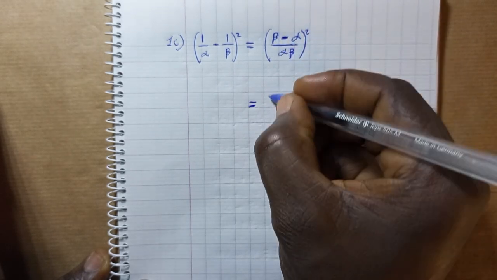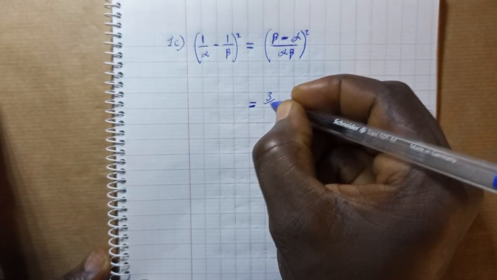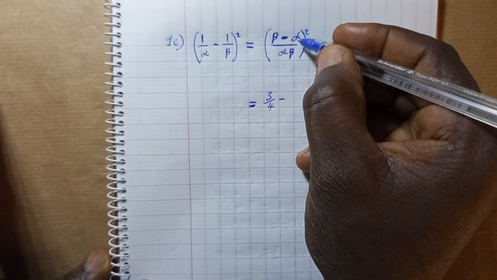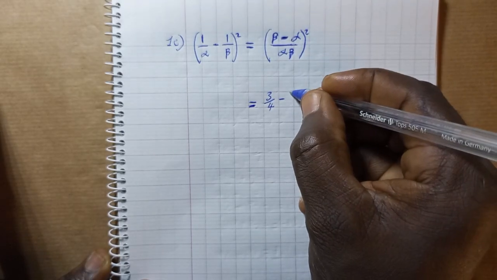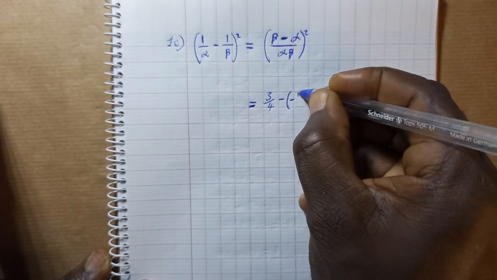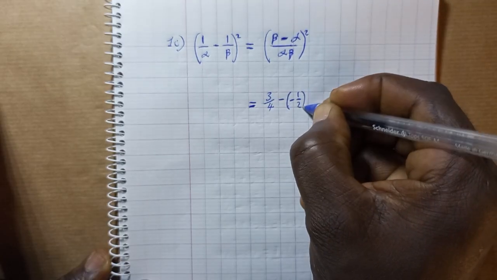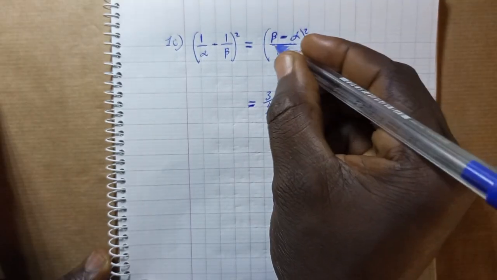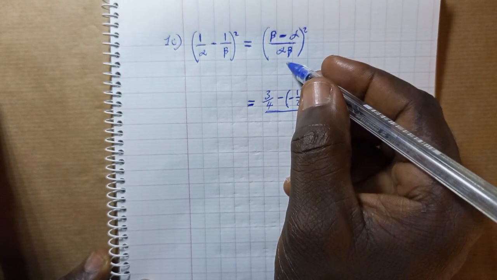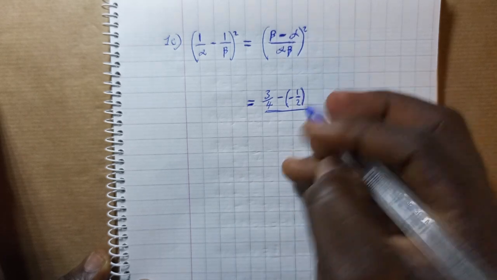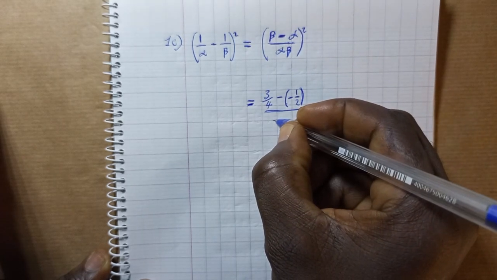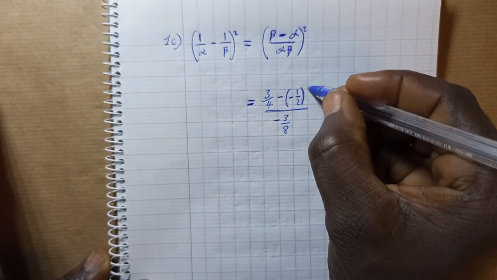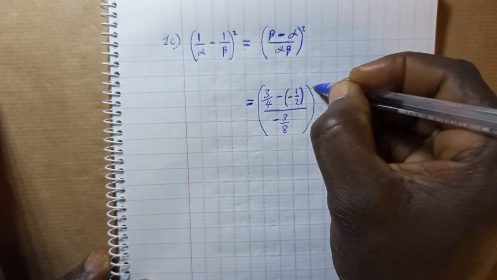So the value of this now is 3 over 4 minus α, and α is given from the quadratic equation, which is open bracket minus 1 over 2 close bracket, over the product of roots that we got, which was minus 3 over 8, then everything is in bracket square.